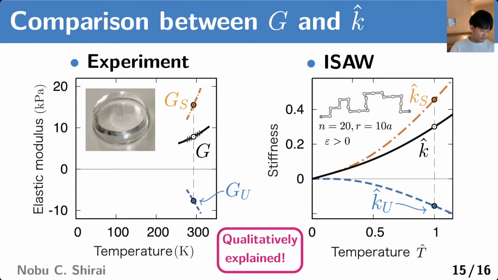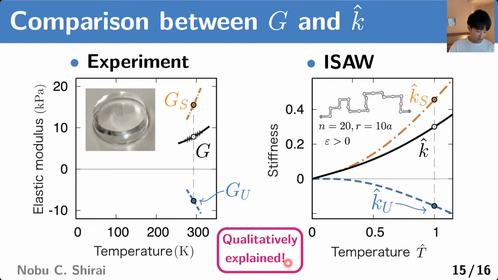So from this model we can say negative energetic elasticity is quite a general thing for substances with an effective repulsive interaction. Gels are one such case, and maybe for other substances it will be found. This is the speculation from our theoretical study.